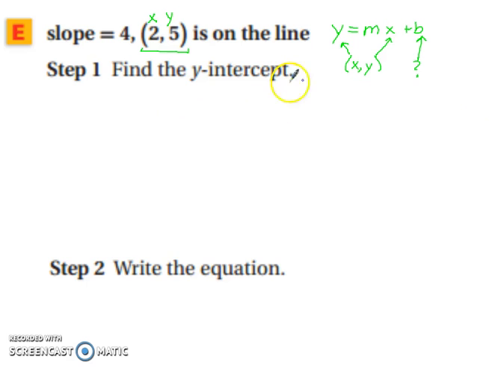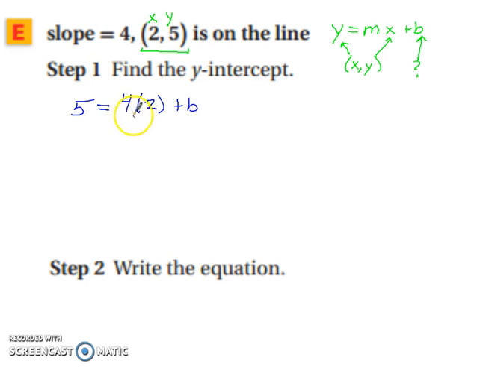So to do so, we're going to plug in the values that we know and keep b as our variable. Our y value to this coordinate is 5. So we have 5 equals, our slope is m, so 4 times 2 plus b.